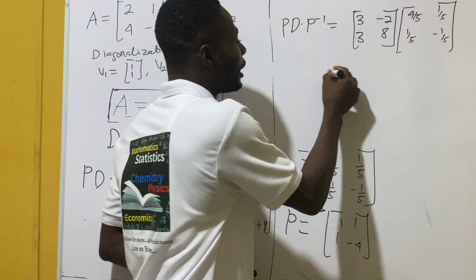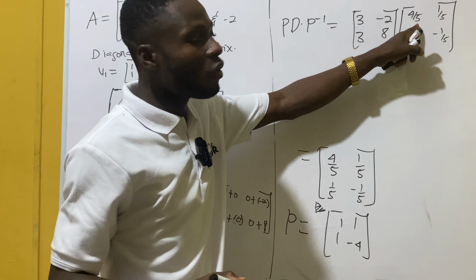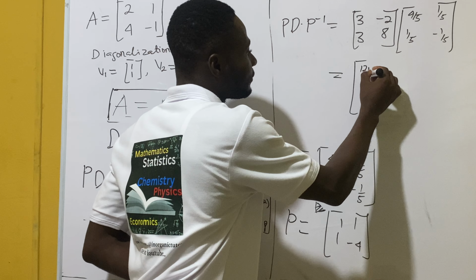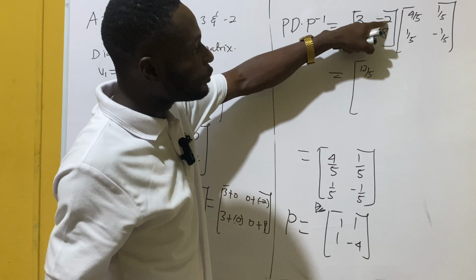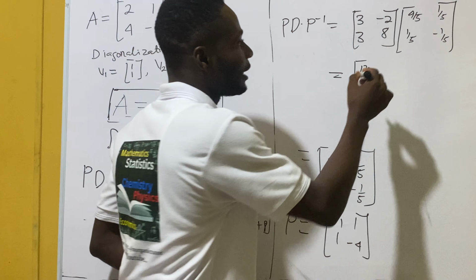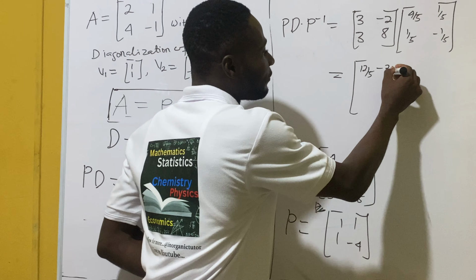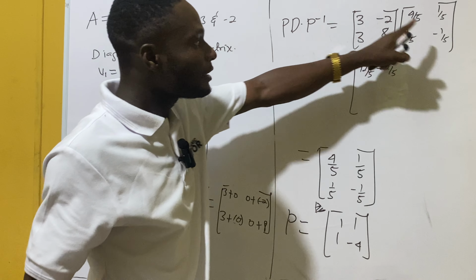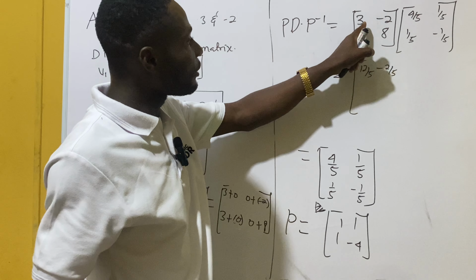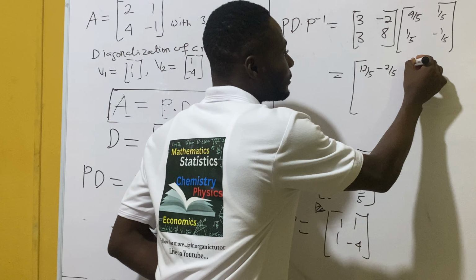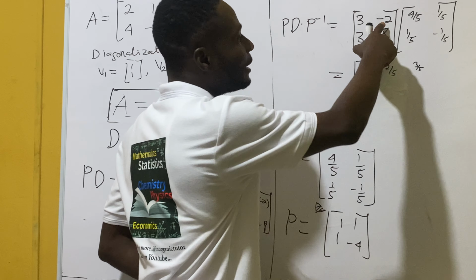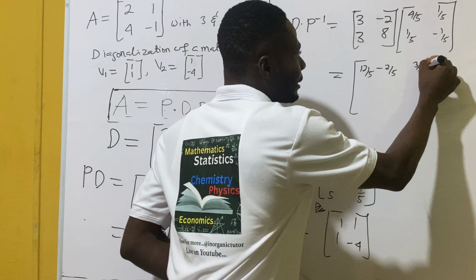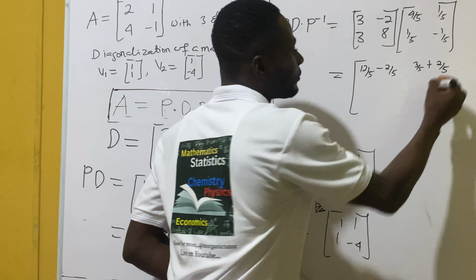Here, 3 times 4 on 5 is 12 on 5, plus negative 2 times 1 on 5, that is negative 2 on 5. Then the first row again times the second column: 3 times 1 on 5 becomes 3 on 5, then negative 2 times negative 1 on 5 becomes plus 2 on 5, right?